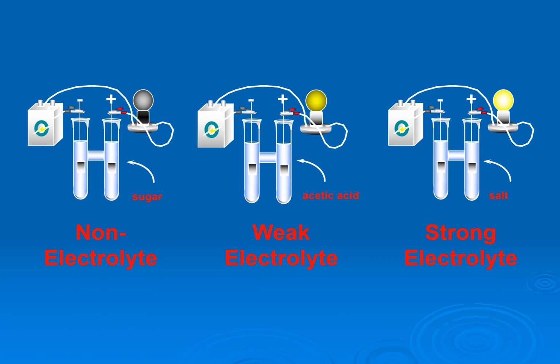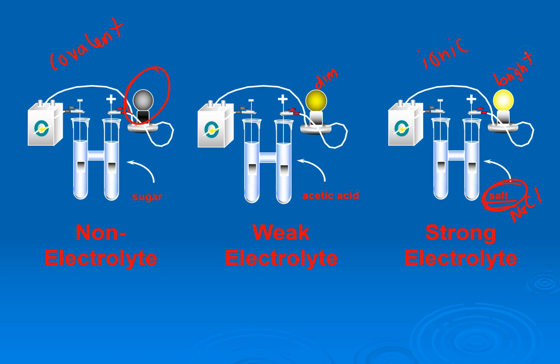So here's a good summary. Non-electrolytes, or covalent compounds, do not make our light bulb glow. There are some things called weak electrolytes, which will have a dim light bulb. But strong electrolytes, like ionic compounds such as table salt, NaCl, will have a bright light.